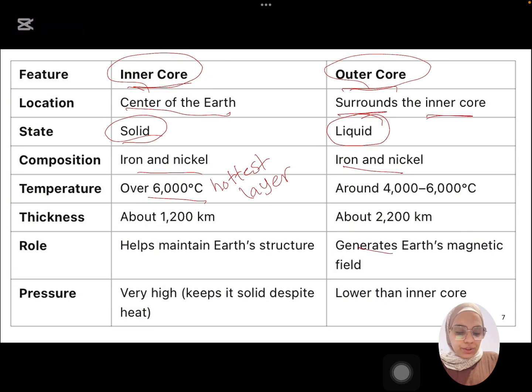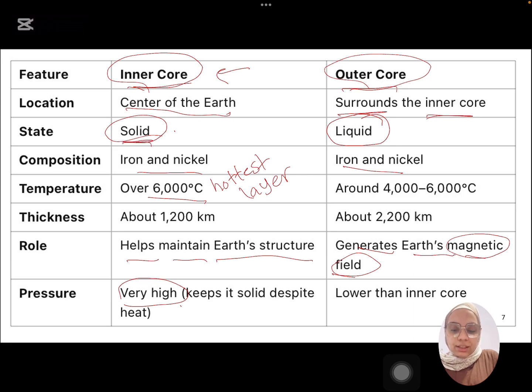Outer core generates Earth's magnetic field, and inner core helps maintain Earth's structure. The inner core is solid because of very high pressure in it. So, because of pressure, the inner core is solid.